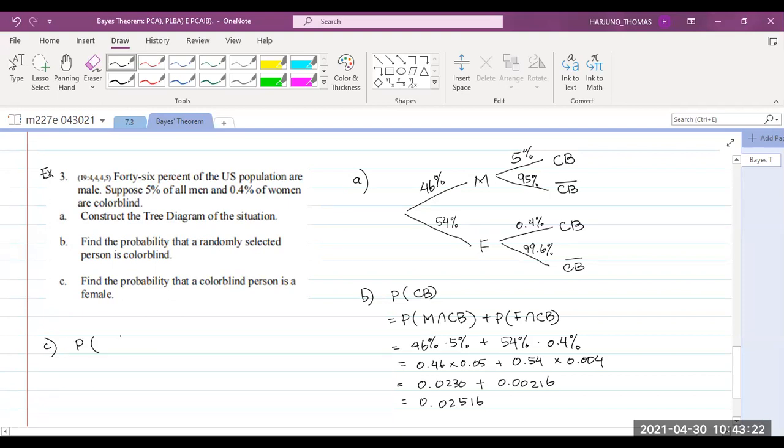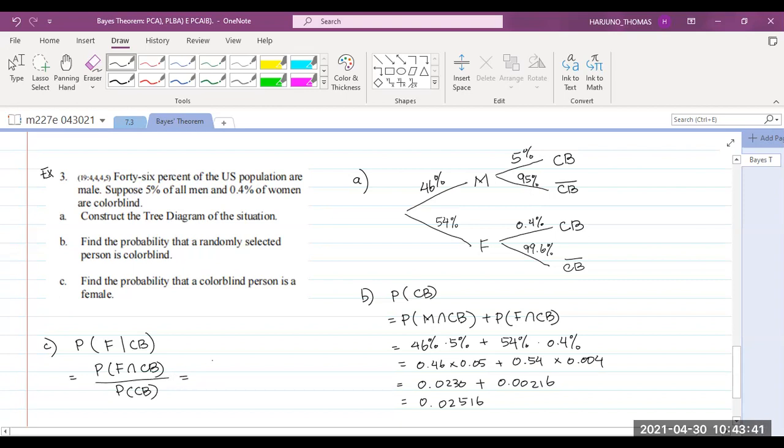So given that the person is colorblind, what is the probability that person is a female? That is equal to probability female and colorblind over probability of colorblind.